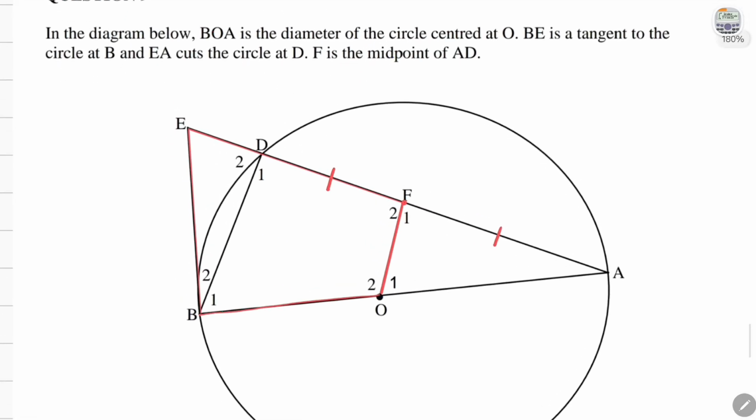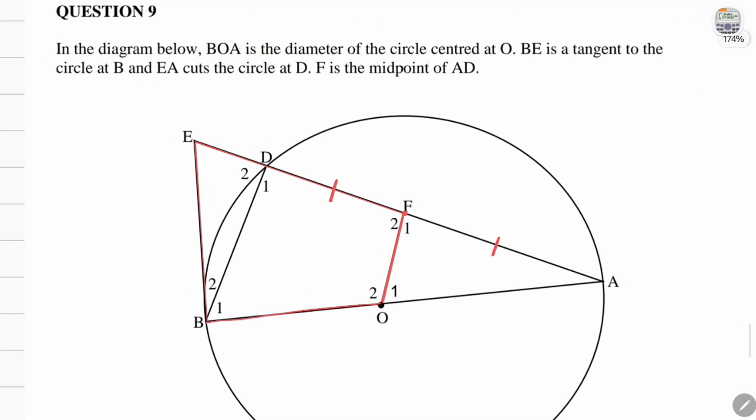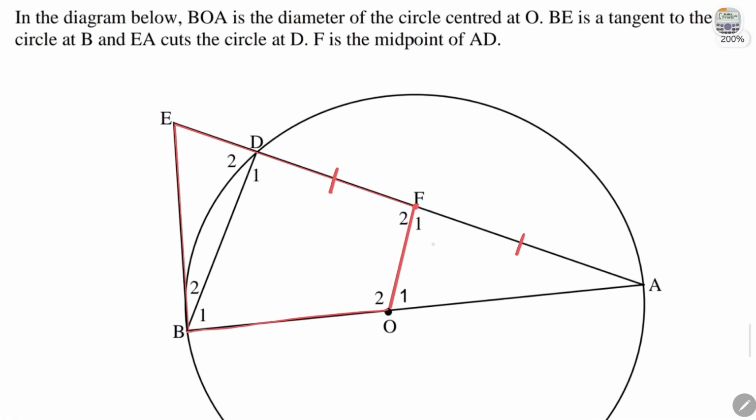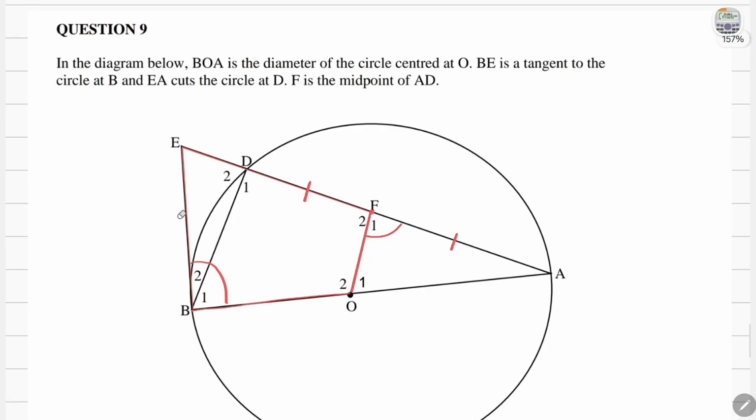So looking at this, we could prove that this angle, and it's actually better to focus on this side because look at this. We can actually prove that this angle over here is equal to this angle over here. Here's the thing with these two angles. BE is a tangent. OB is a radius. We know that the radius and the tangent are perpendicular at their point of contact.